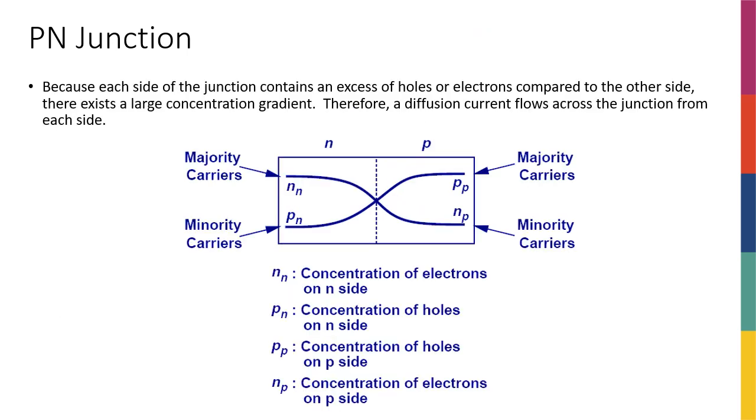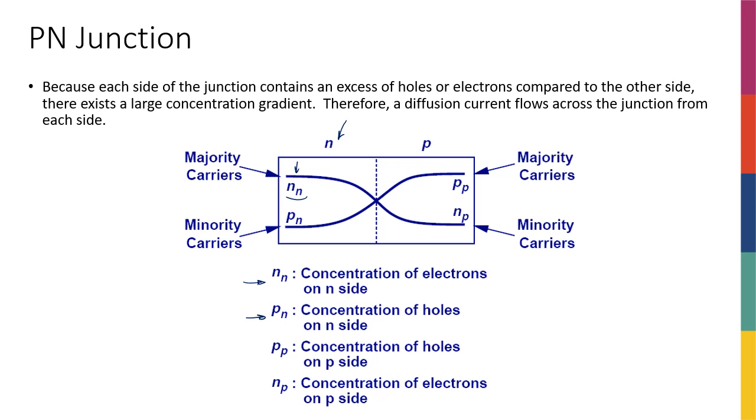So up to now, we have learned that in an n-type material like this one, there are a lot more electrons than holes, right? So if I want to show with this line the density of electrons and density of holes, you can see that the N sub n, which is the concentration of electrons on the N side, is sitting at a much higher level than the P sub n, which is the concentration of holes on the N side, right?